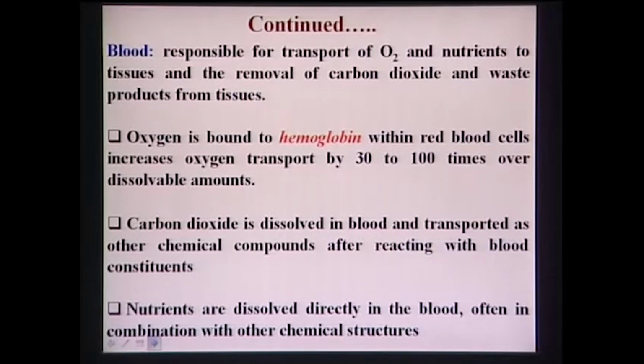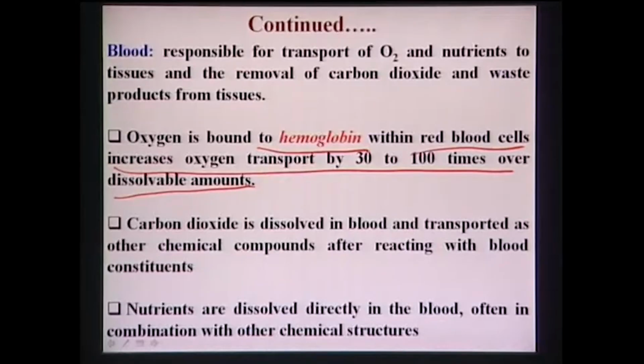That is the reason many of the tissues subsequently die because of hypoxia. Many times doctors or medical professionals say the patient died because of hypoxia. Hypoxia means the absence of a sufficient level of oxygen in the blood.